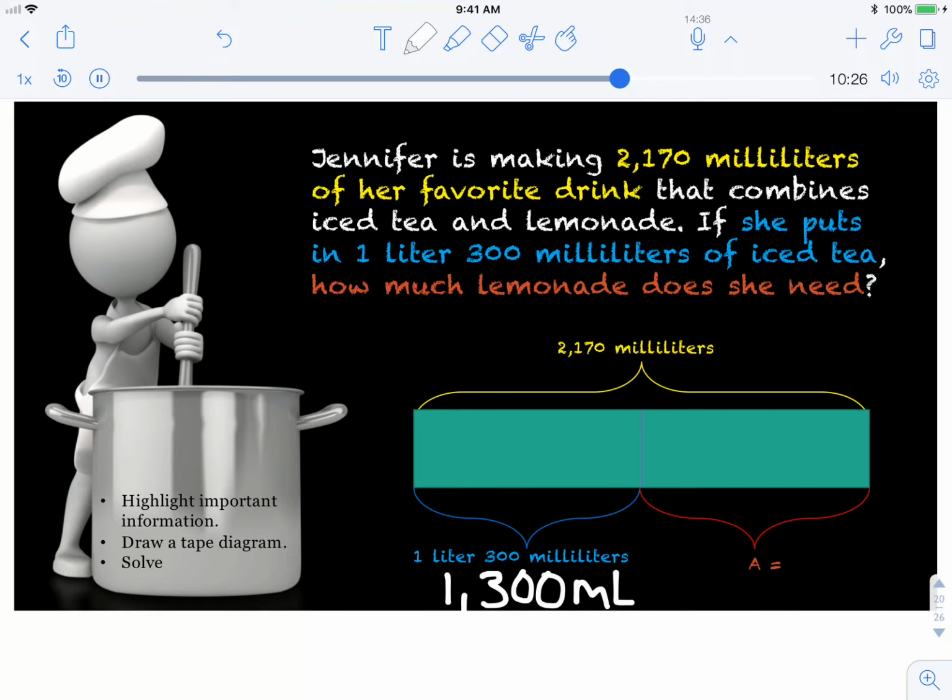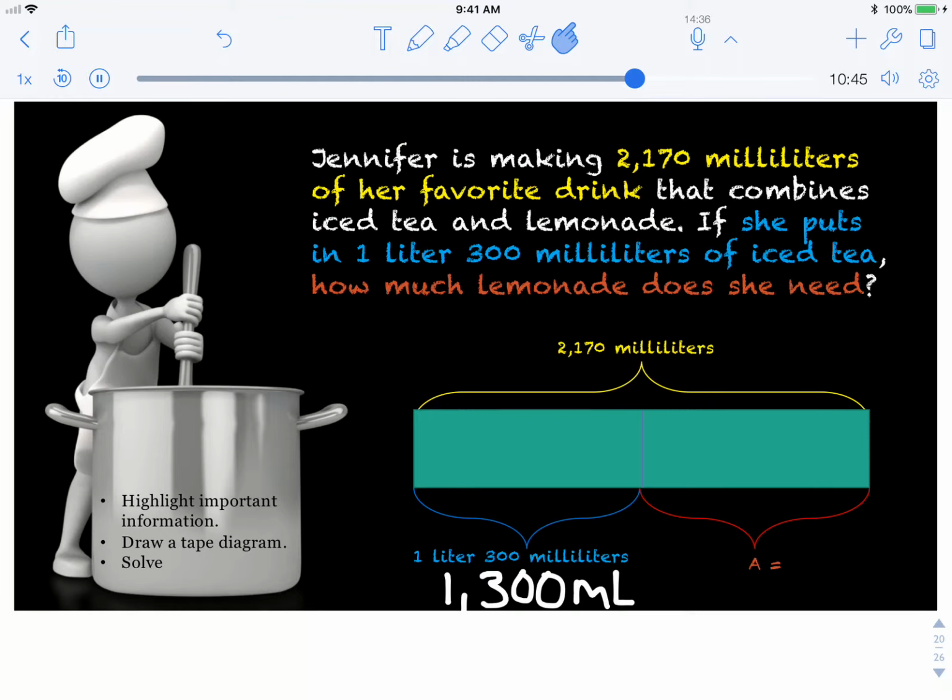So how much space is left for her to put her lemonade? Because we're talking about capacity. So far, we have filled up 1,300 milliliters of a pot that only holds 2,170 milliliters.